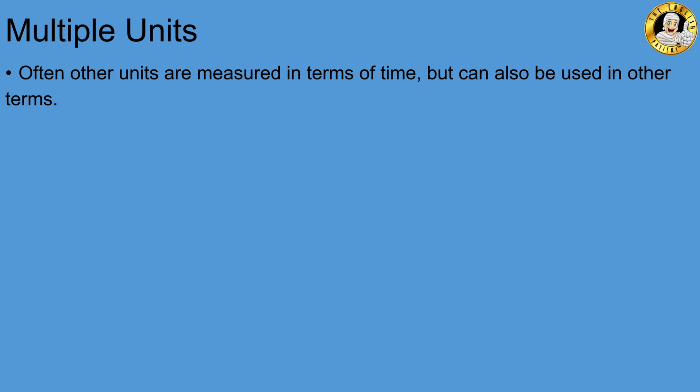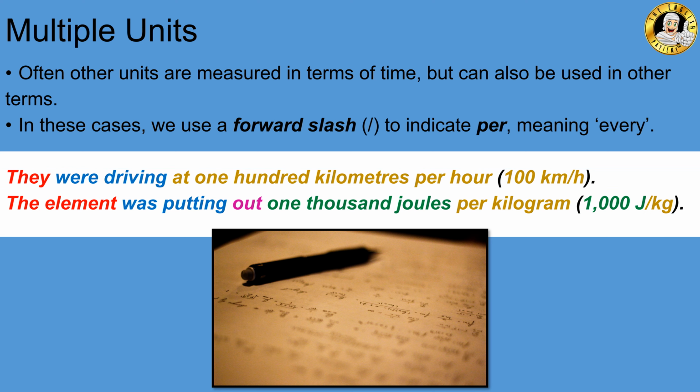Now, often other units are measured in terms of time, but they can also be measured in terms of other things as well. In these cases, we place a slash to indicate per, and it will be read as per, meaning every.